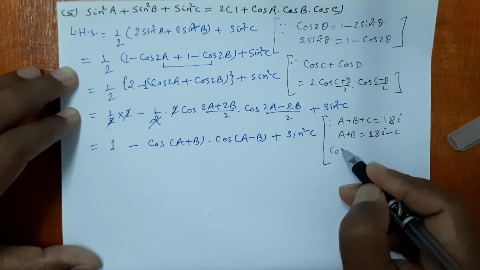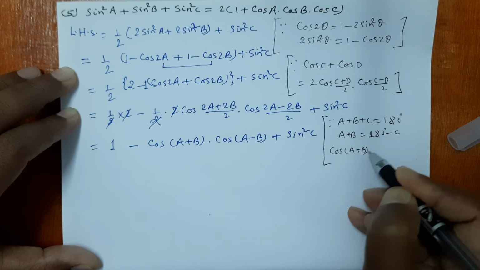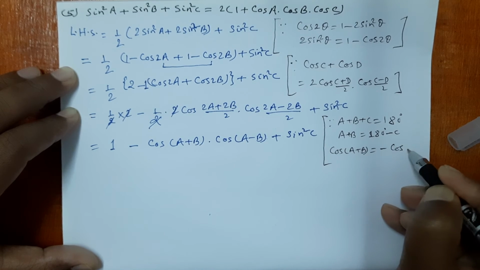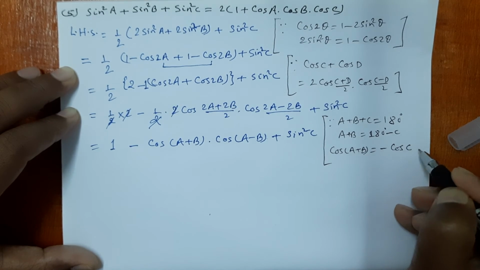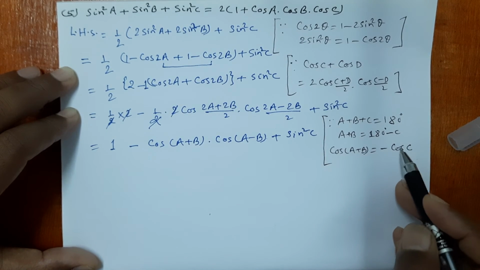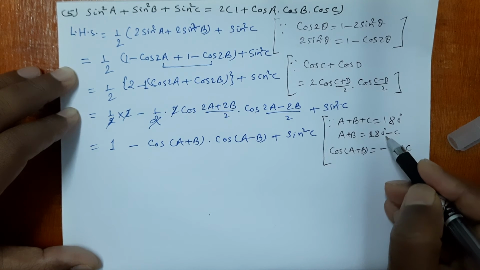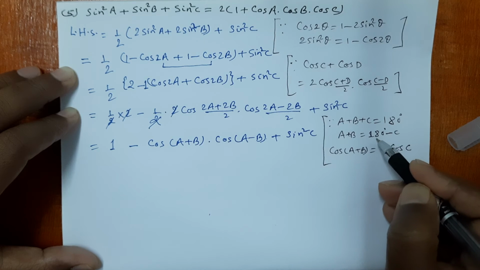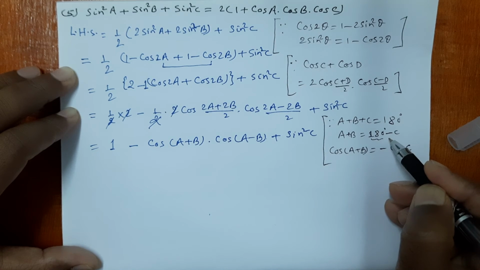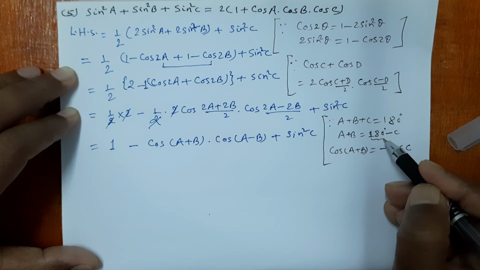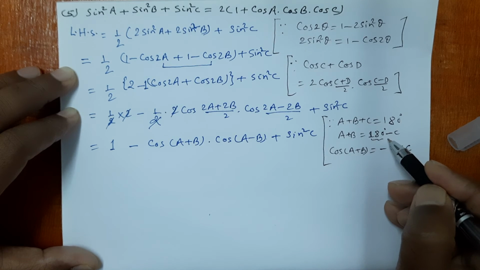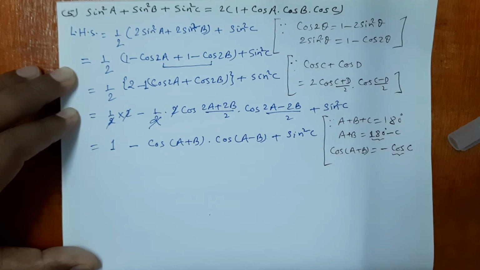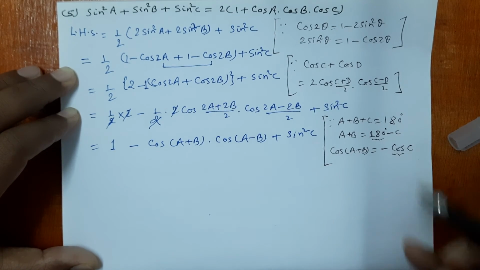And here cos of A plus B equals cos of 180 degree minus C, that will be minus cos C. Okay, as I have already explained, 180 minus C lies in the second quadrant, so in the second quadrant cos is negative, and as 180 is an even multiple of 90, we can write 2 times 90 for 180, so 2 is even, so the cos ratio does not change, cos remains cos.